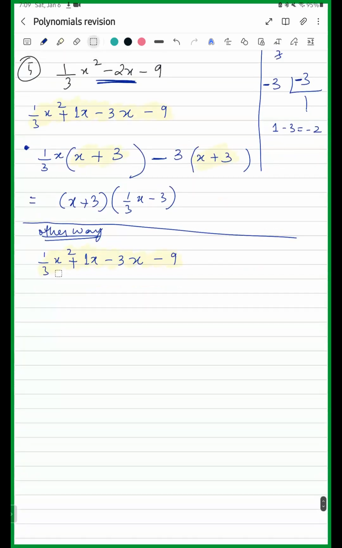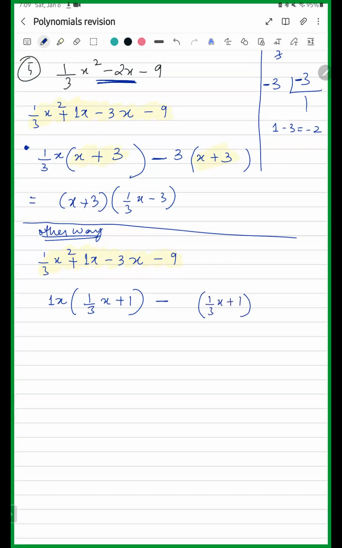So the other way would have been, don't take 1 by 3 as common. Just take 1 as common. 1x. So here you are left with 1 by 3 x plus 1 minus. Now you have to make sure that this bracket has 1 by 3 x plus 1.